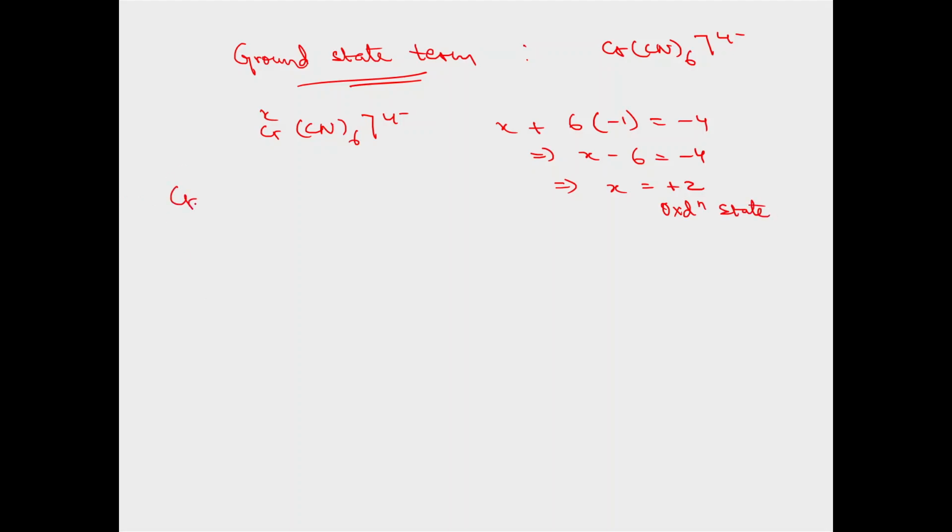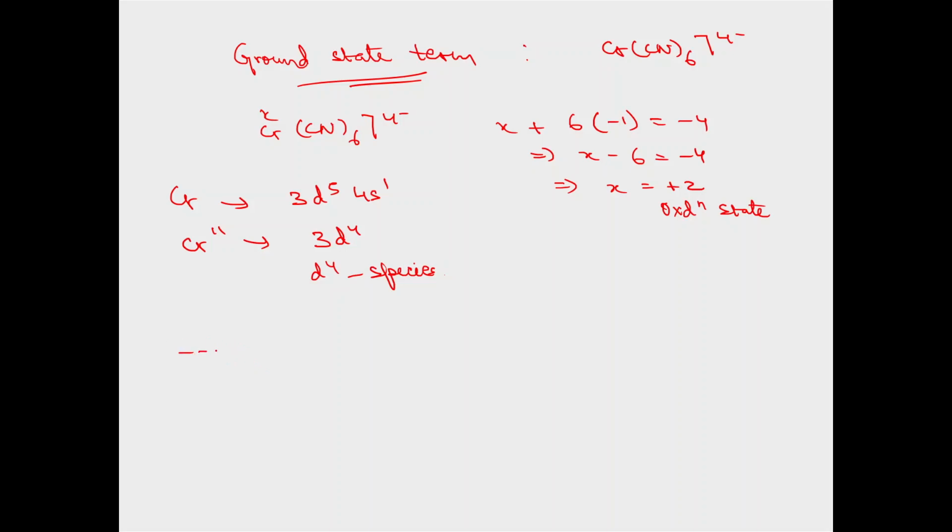And what is the electronic configuration of chromium? It is 3d5 4s1. Since chromium here is in +2 oxidation state, it is a d4 species. There are 6 CN, so it is an octahedral complex.